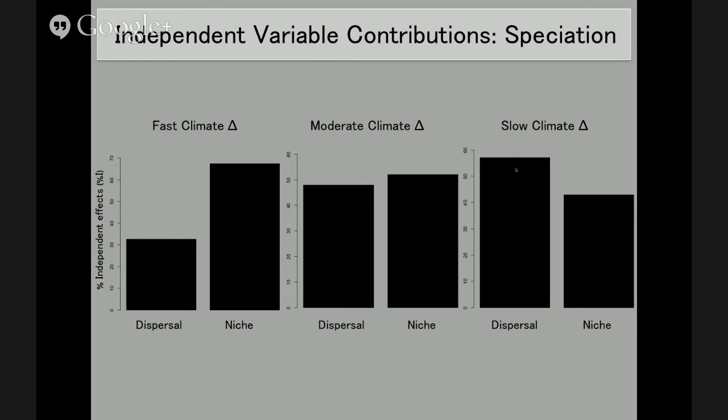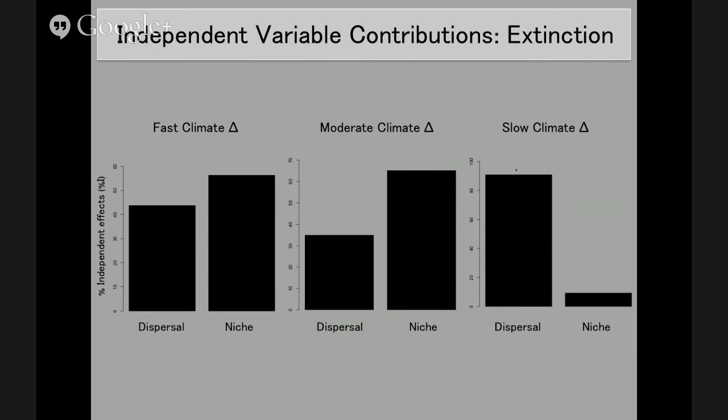And so, considering speciation, what we see is that in the faster climate change scenario, niche breadth actually produces the strongest independent effects, whereas in the slower climate change scenario, dispersal contributes most to explaining observed patterns. And we see the same pattern in extinctions. So again, in the faster climate change scenario, niche breadth seems to dominate, whereas in the slower climate change scenario, dispersal seems to dominate.